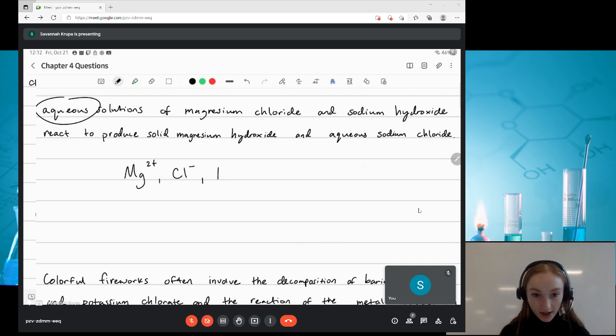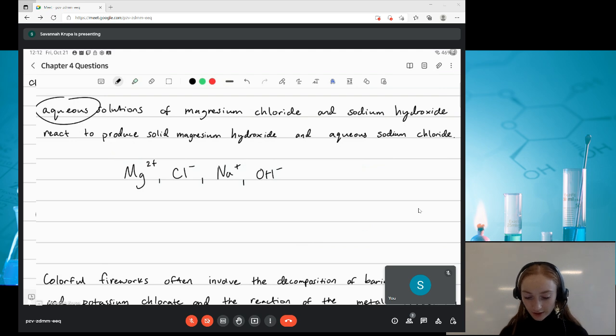So sodium is going to look like Na, and sodium has a plus charge, and hydroxide is a polyatomic ion that you are becoming more familiar with, and it has a minus charge. And it says it's going to react to produce solid magnesium hydroxide. We already wrote down what magnesium hydroxide is, and then sodium chloride, and we already got the sodium and the chlorine here. Okay, so these are the 4 different species that we're working with in this problem.